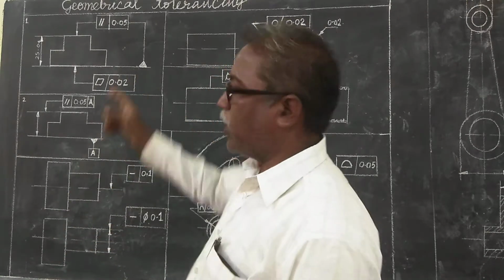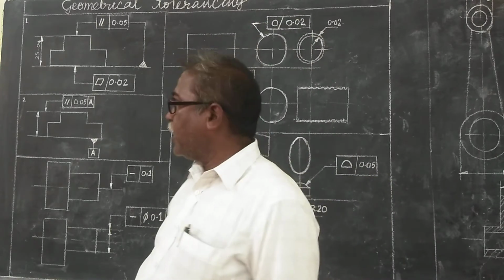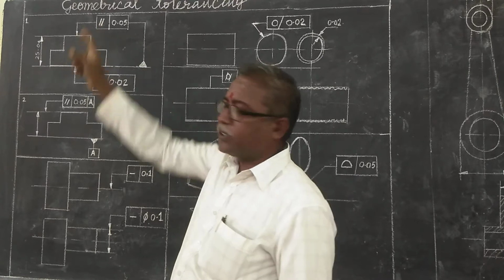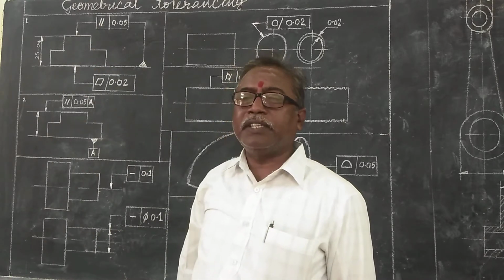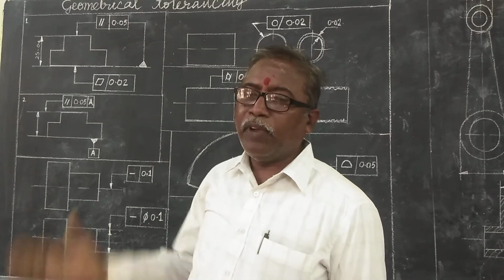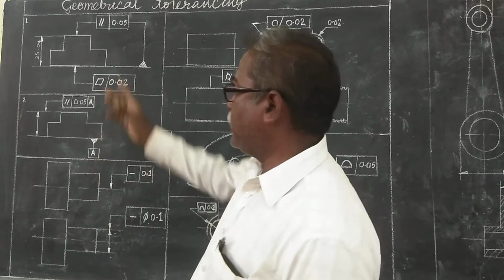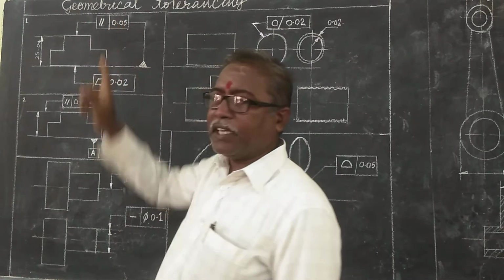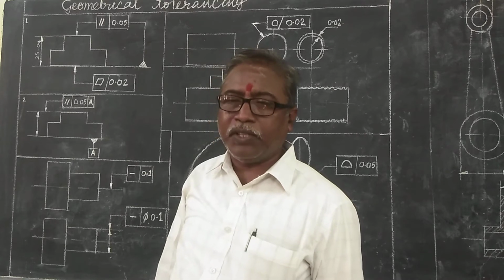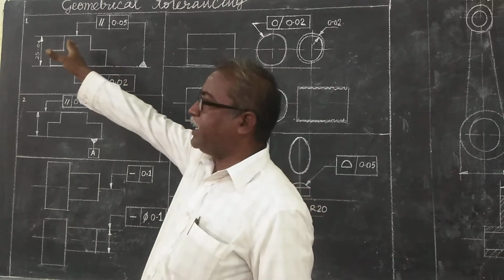Whenever you see this, there are two lines, the symbol that is given for parallel. When two lines are given, that becomes parallel. Then the variation is given, 0.05. Then this is parallelism.